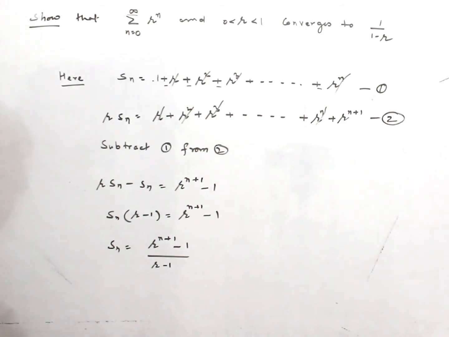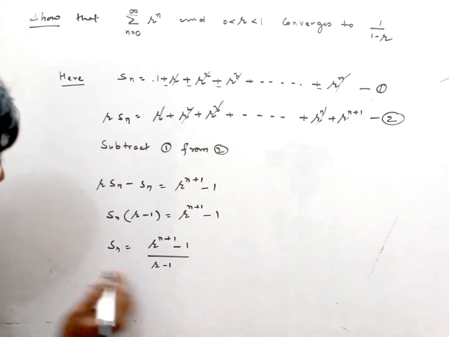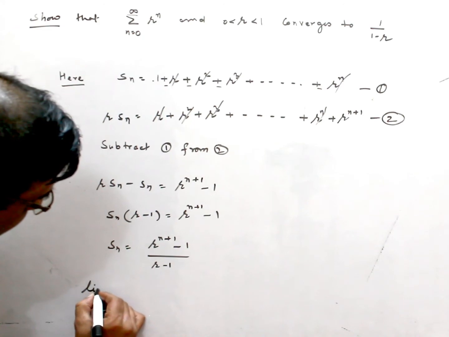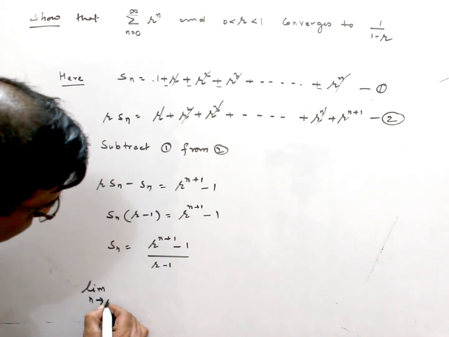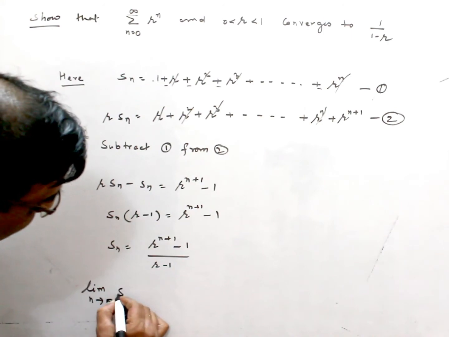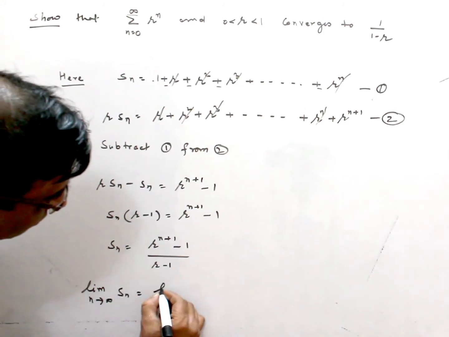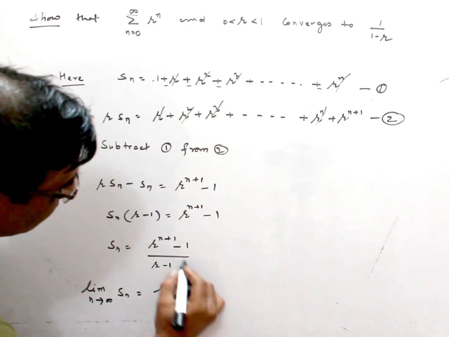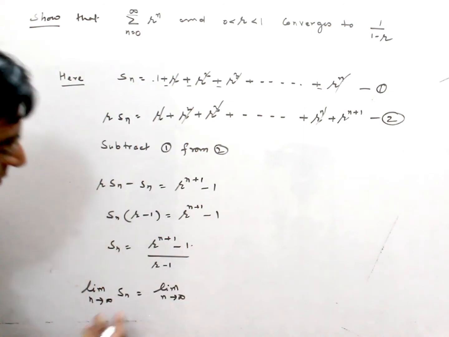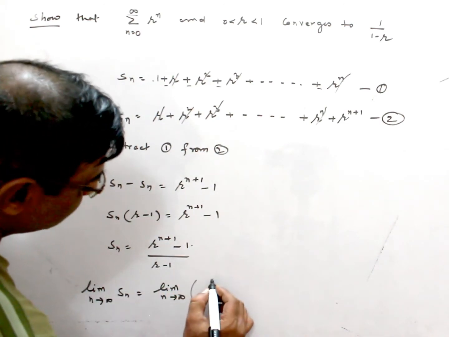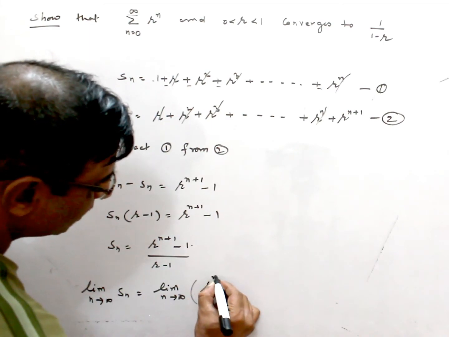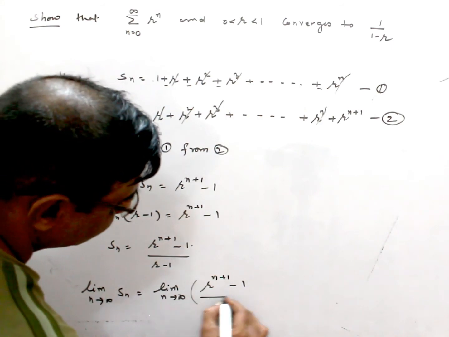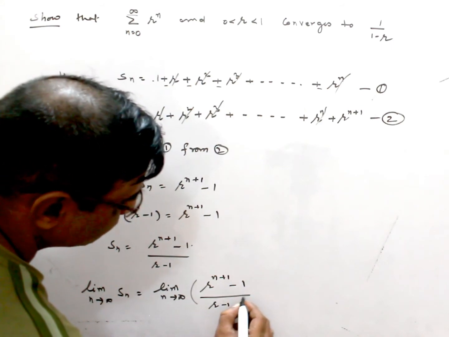Now if I take the limit, what happens? Limit n approaches infinity, Sn is equal to limit n approaches infinity of r^(n+1) minus 1 divided by r minus 1.